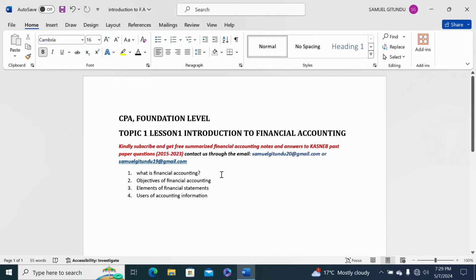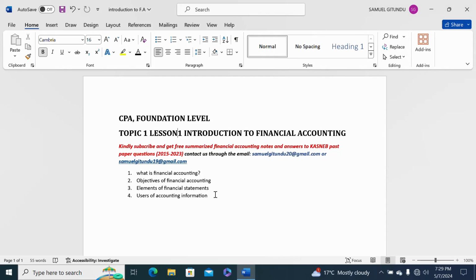Therefore, let us go to the introduction of financial accounting. In this lesson, we are going to understand what is financial accounting, and then we go through the objectives of financial accounting, and then we understand the elements of financial statement, and finally we understand the users of accounting information.